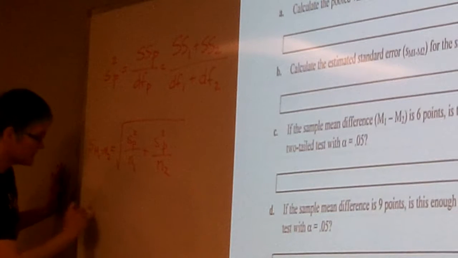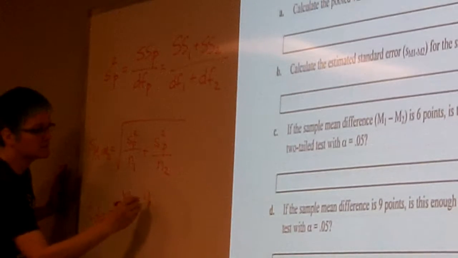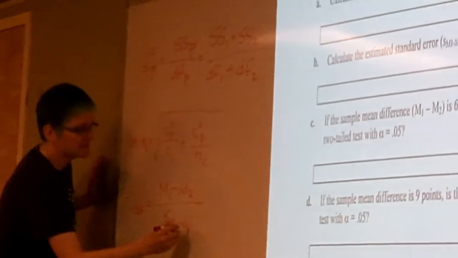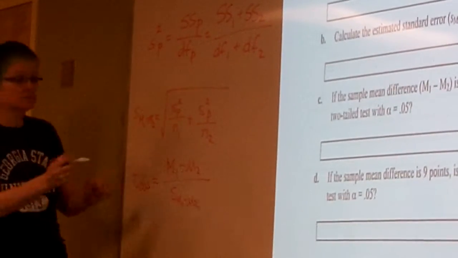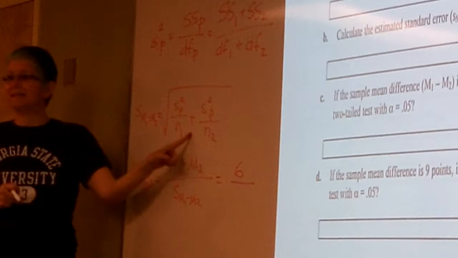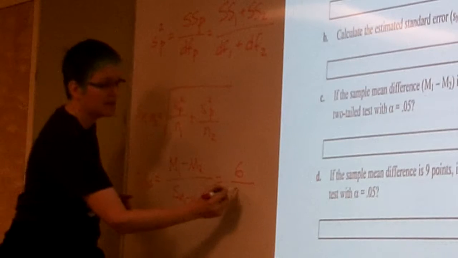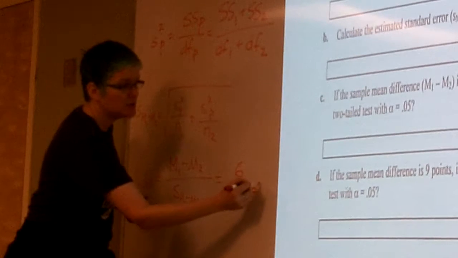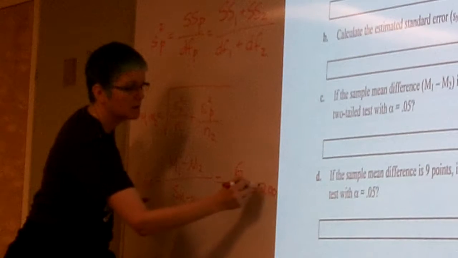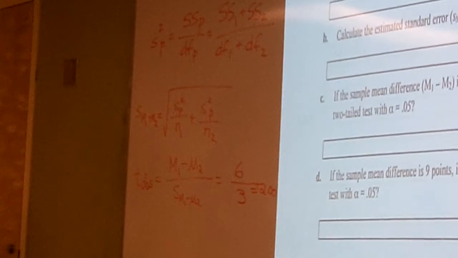To get T observed, the formula is the mean difference over that estimated standard error. If I tell you that the mean difference is 6, and we just calculated this estimated standard error as 3, you know that T observed comes out to be 2.